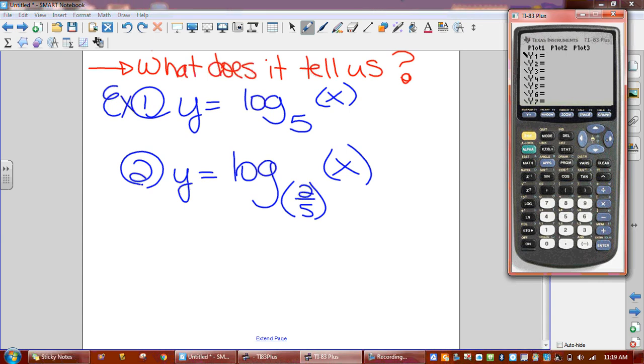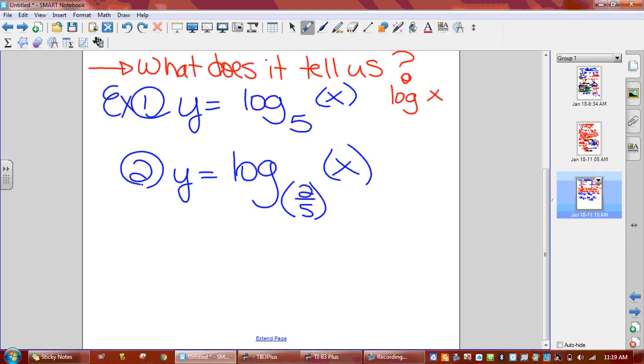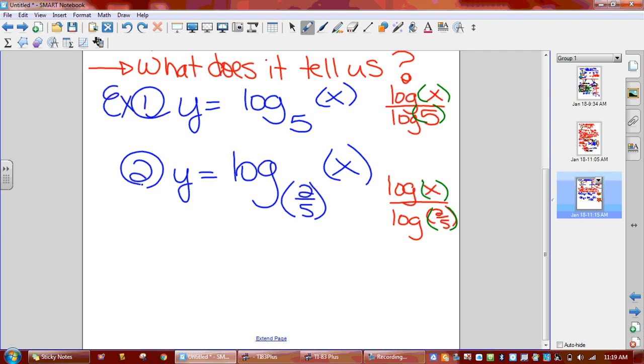So the first equation I'm going to put in, log base 5 of x. So I need to remember that I have to use change of base. So the way I'm going to type it in my calculator is log x divided by log 5. Same thing over here. I'm going to write log x over log 2 over 5. Okay? Don't forget you need brackets because log will automatically open brackets. Okay.